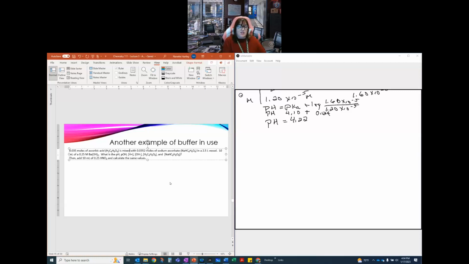after that process happens. Now, if I'm then going to add 10 milliliters of acid to that, we're going to do the exact reverse.